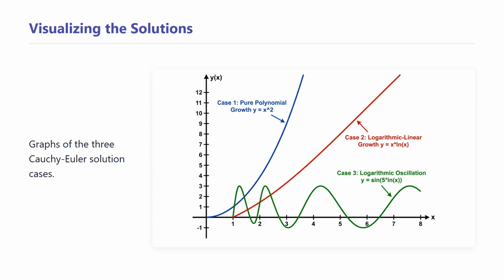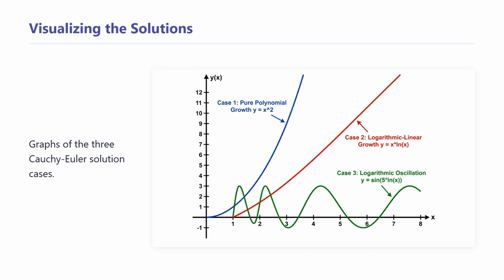Now that we have calculated these examples, let us look at them visually. On this graph, the horizontal axis is x, and the vertical axis is y. The blue curve shows case 1, pure polynomial growth, sweeping upwards as x squared. The red curve is case 2, logarithmic linear growth, rising steadily but less steeply.